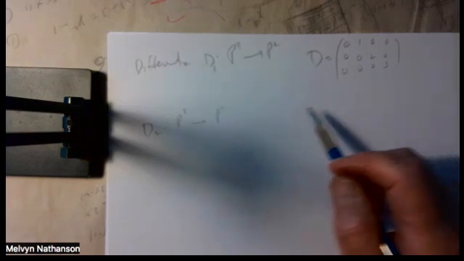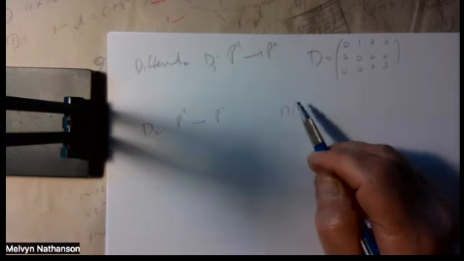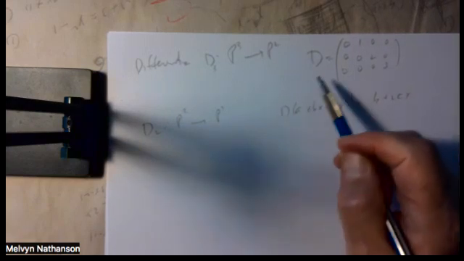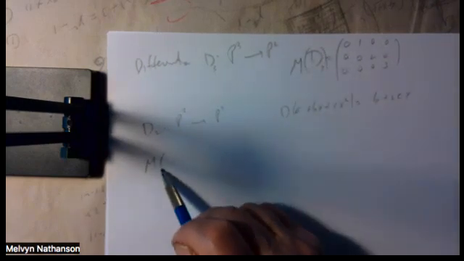Remember, they teach you in calculus the derivative of a plus bx plus cx squared is b plus 2cx. So for the differentiation of a quadratic polynomial, the derivative of 1 is 0.